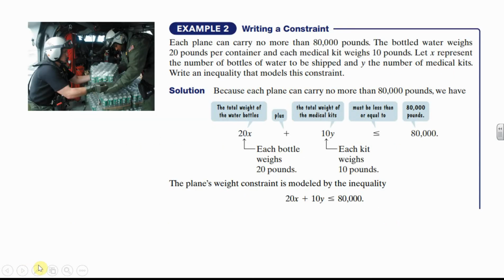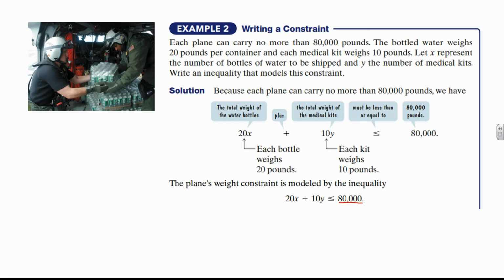This was an actual situation that occurred. In this humanitarian relief effort, each plane can carry no more than 80,000 pounds. That's the max, that's how we get this number here. The bottled water weighs 20 pounds.